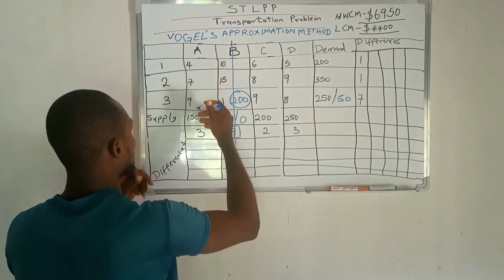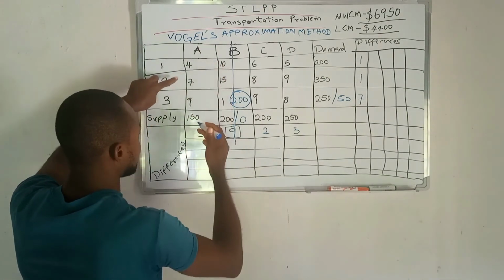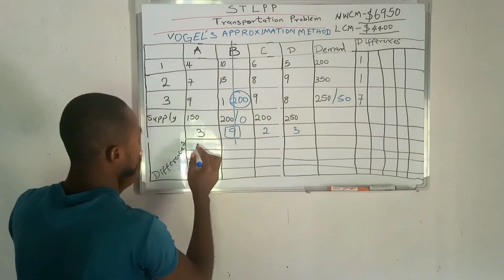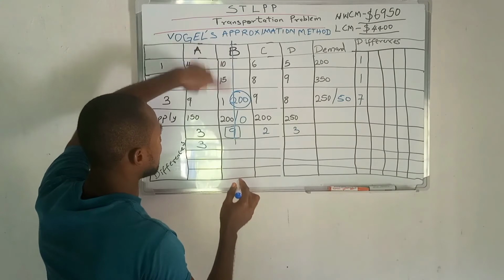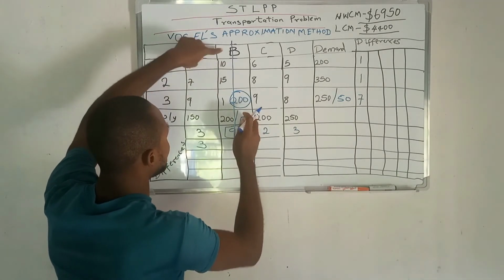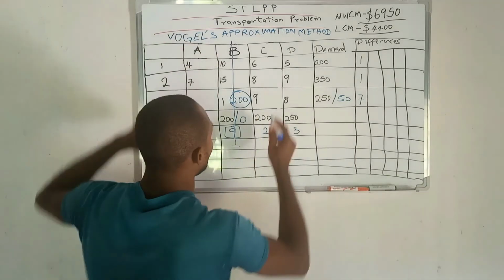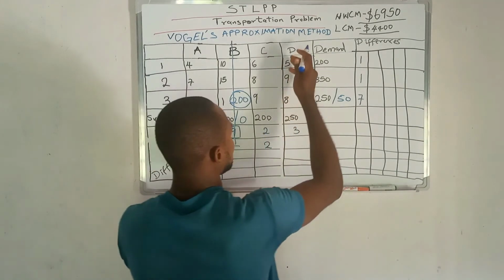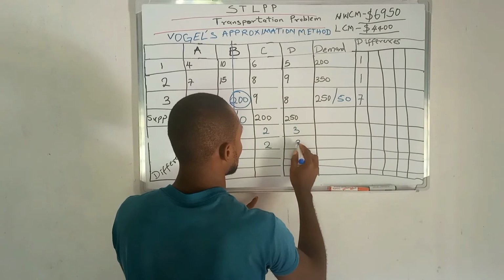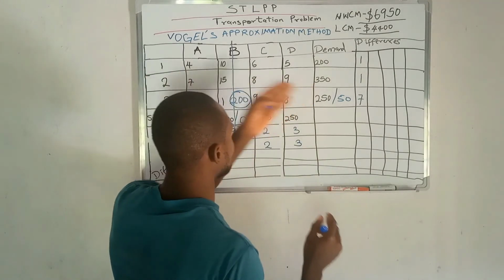So in this column we still have 3 here. For this column there is nothing again because we have already supplied everything here, so put a dash here. Then in this place we have 2, and in this place we still have 3. Now we check the rows again.